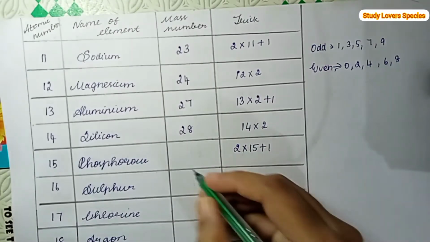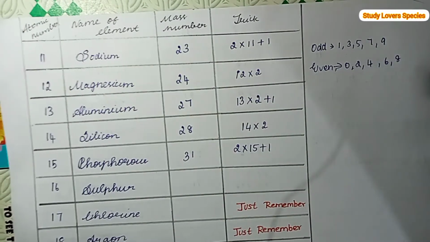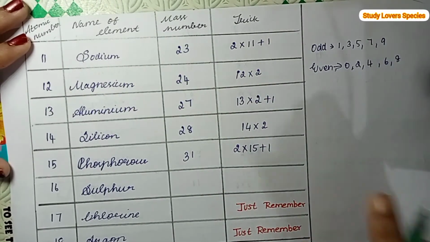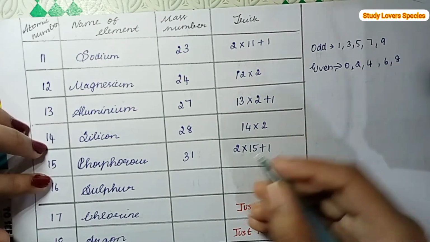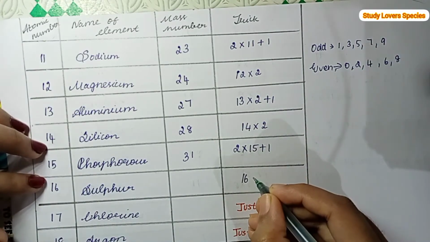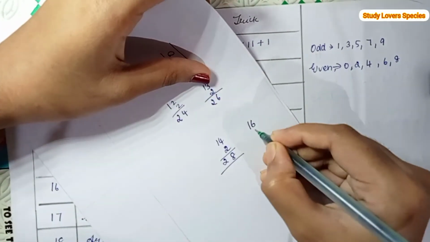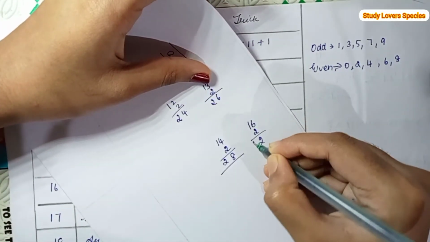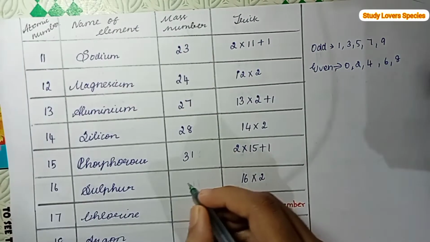So 30 plus 1 is 31, right? Sulfur. 16 is an even number. So 16 into 2. 32 is our answer.